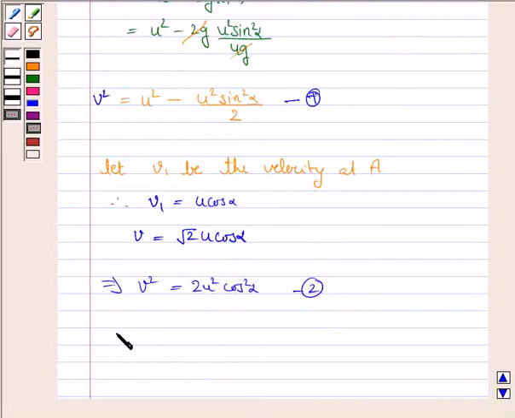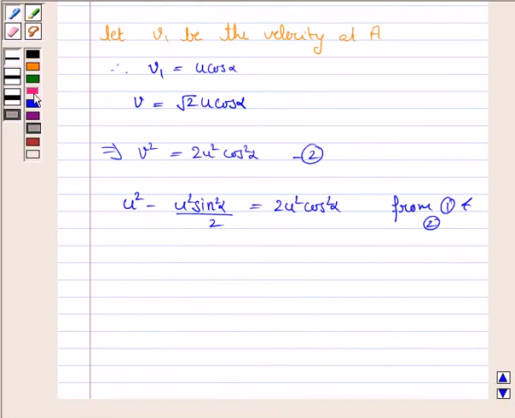So equating 1 and 2, we have u square minus u square sin square alpha upon 2 is equal to 2u square cos square alpha. Now this implies u square into 1 minus sin square alpha by 2 is equal to 2u square cos square alpha.